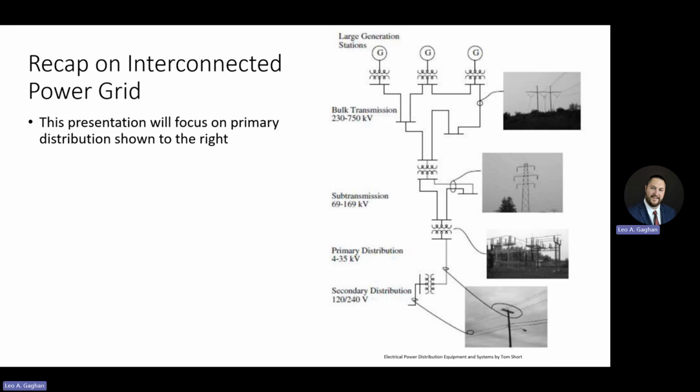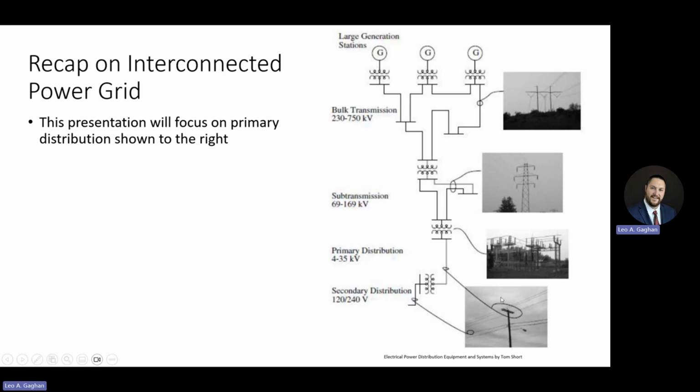This particular example has a sub-transmission, which is not always the case, but this example has it. And then it looks like it steps it even further down to the distribution system. That's kind of what you guys are probably used to seeing as you drive through neighborhoods.